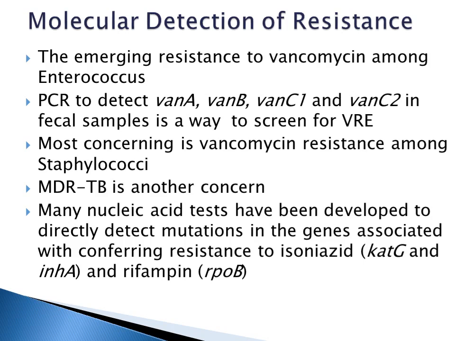This is commonly done in fecal samples. Another concern is Staphylococcus aureus that is resistant to vancomycin, especially if our MRSA, methicillin-resistant Staph aureus, then becomes resistant to vancomycin, then there are not that many treatment choices currently available.